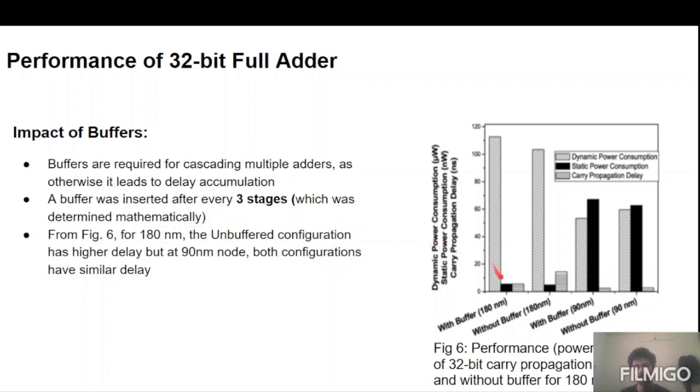Now look at this graph. We observe that for the 180 nanometer configuration, the unbuffered configuration has almost twice the delay of the buffered configuration, whereas at the 90 nanometer level, both the buffered and the unbuffered configurations have similar levels of delay.